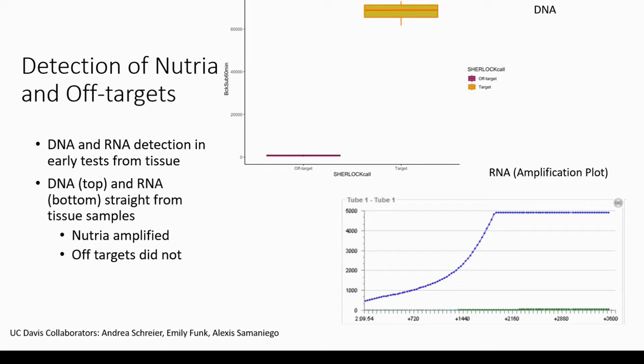So just showing that we are amplifying nutria DNA and no other rodent species or any other species for that matter. And then down on the bottom is another chart showing that we're able to amplify nutria RNA pretty rapidly and very quickly. So this is very exciting that we're able to amplify nutria and not amplifying the off targets.